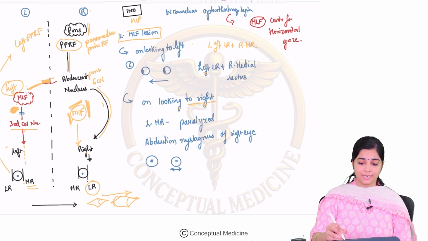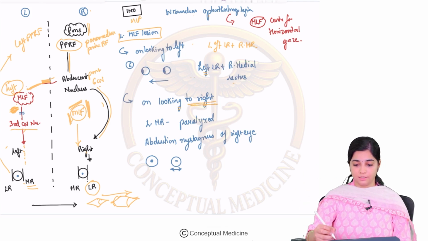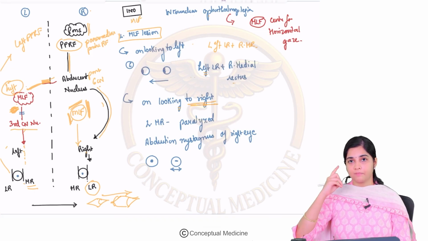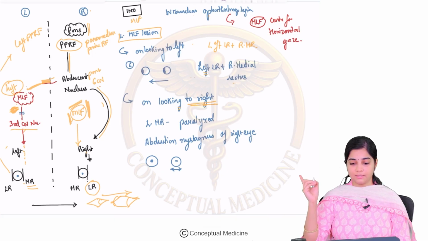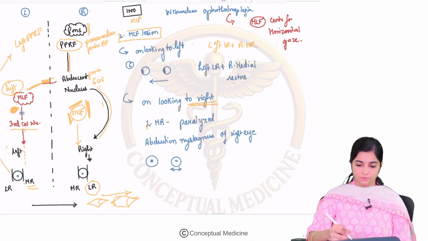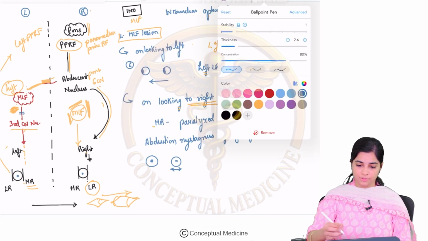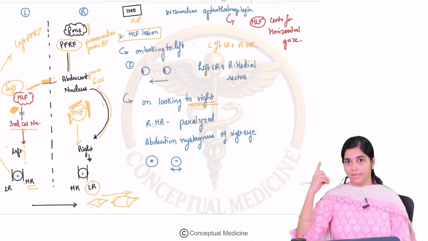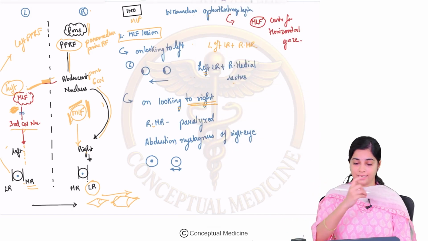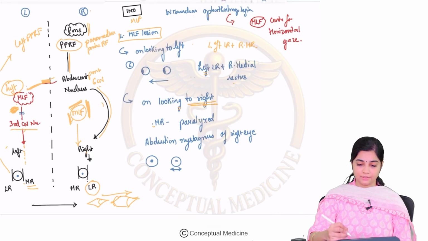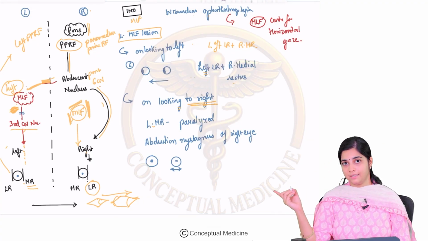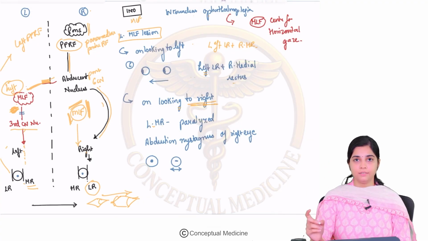On looking to the right side, what are the muscles that are going to get involved? You have the right lateral rectus and the left medial rectus.